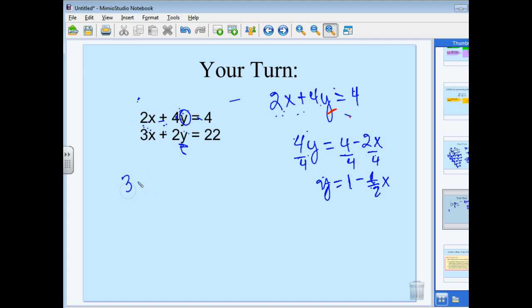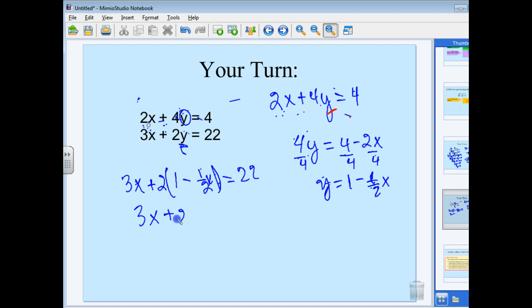Now let's take this value for y and plug it into the second equation. So here we get 3x plus 2 times (1 minus half of x) is equal to 22.